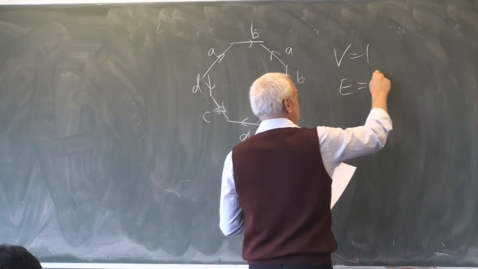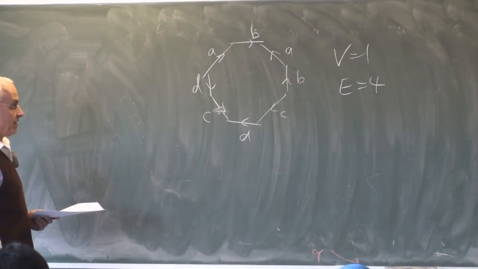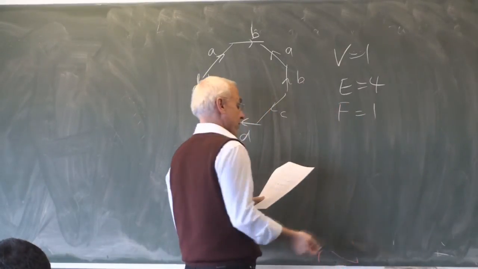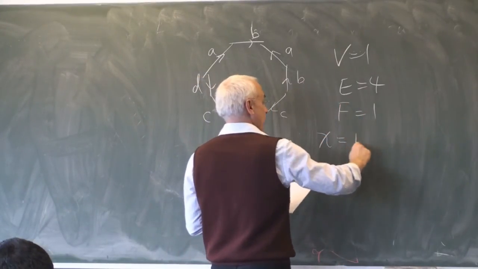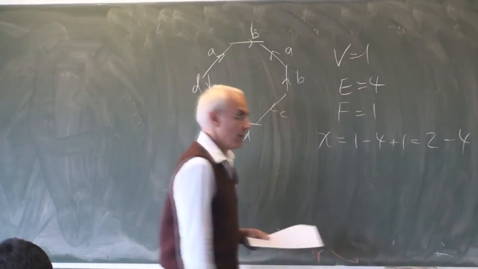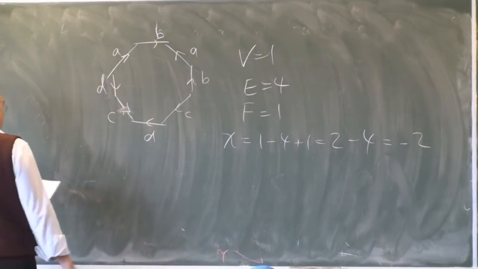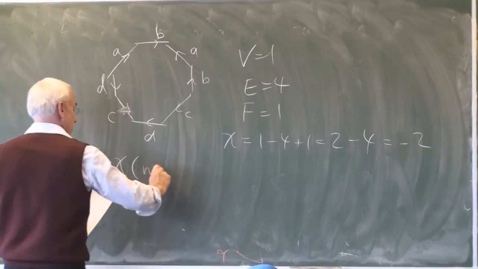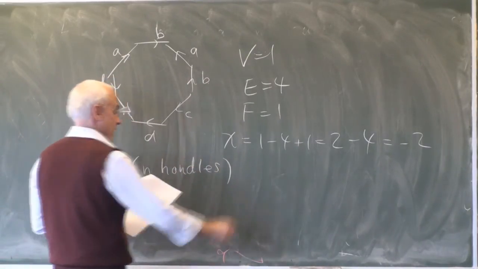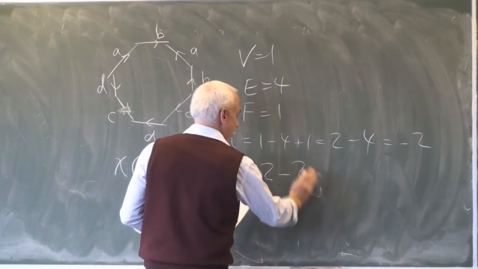The number of edges is 4: A, B, C, and D. The number of faces is obviously 1. And so the Euler characteristic is 1 minus 4 plus 1, which is 2 minus 4, which is minus 2. And so in general, if we have n handles, then the Euler number is 2 minus 2n.